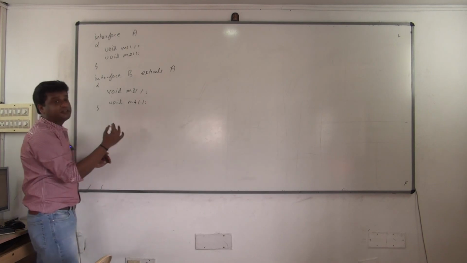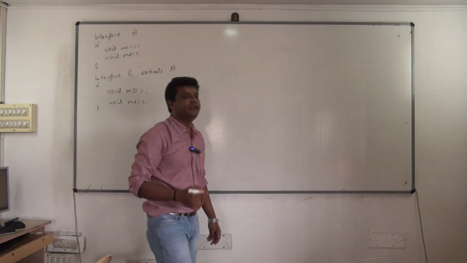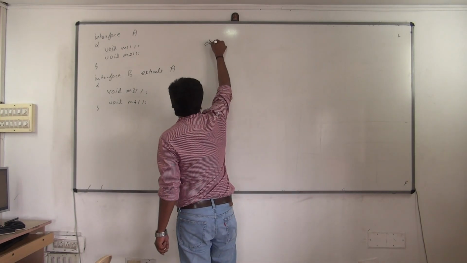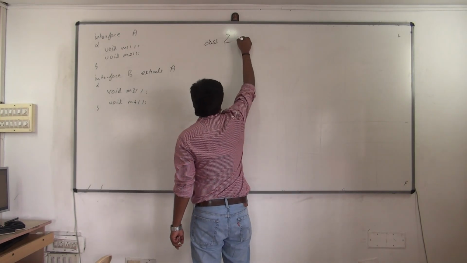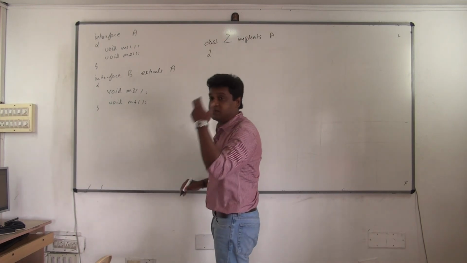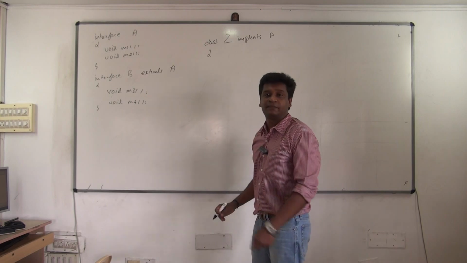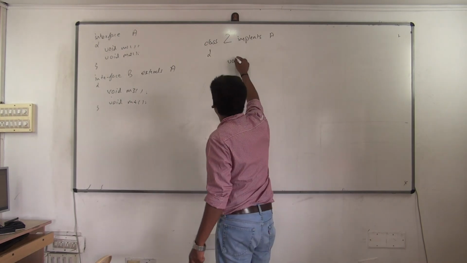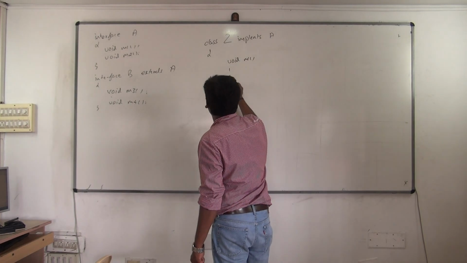Now the person who is interested in implementing the interface can decide anything. If class Z decides to implement A, he will override only 2 methods, giving the body for void M1 and void M2.